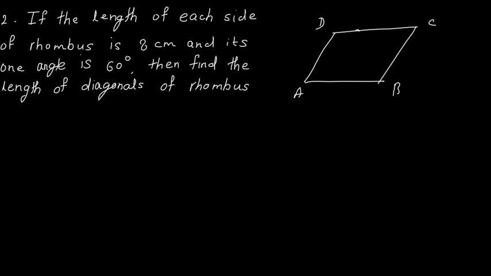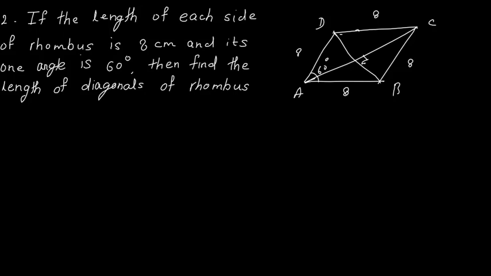So here each side is of length 8 and we have one diagonal AC and one diagonal BD. They are going to be at 90 degree. So here this angle is 60 degree. We have to find the length of diagonal of rhombus.